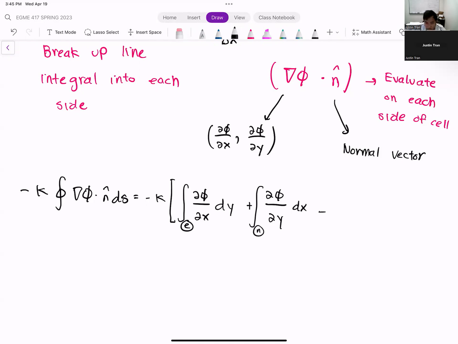The minus sign comes out here because the normal vectors point in the opposite direction. Minus the integral on the west face of partial phi partial x dy, minus the integral on the south face of partial phi partial y dx.